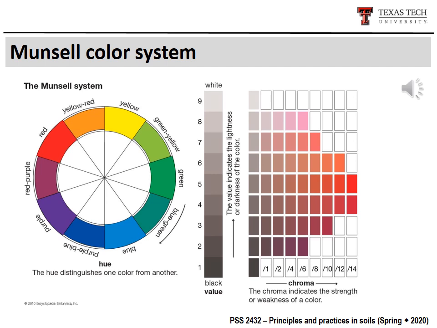And you can see here, from the left to the right, the chroma. The chroma ranges from 1, for example, to 14. What means chroma?